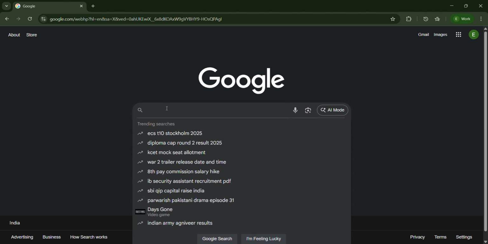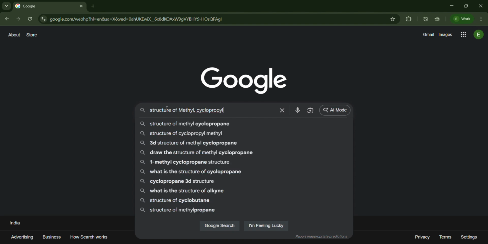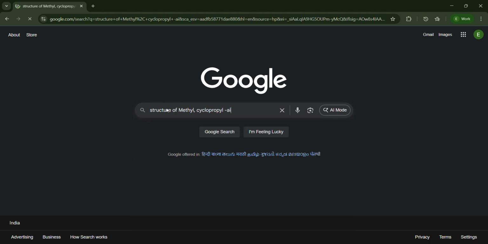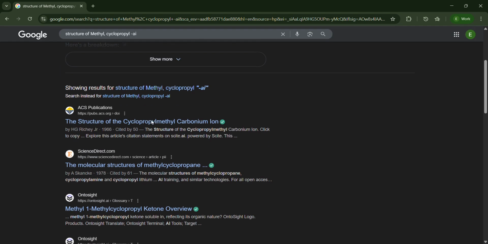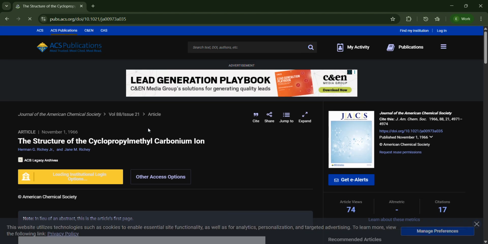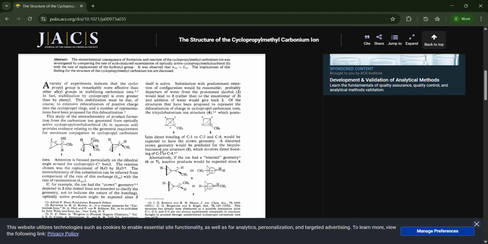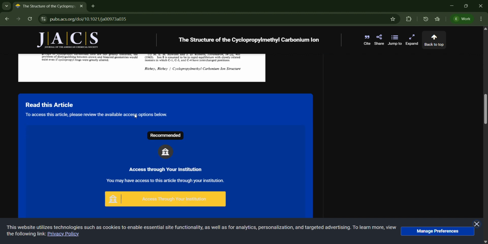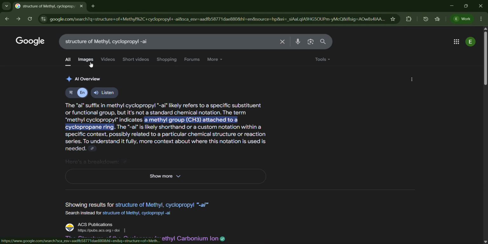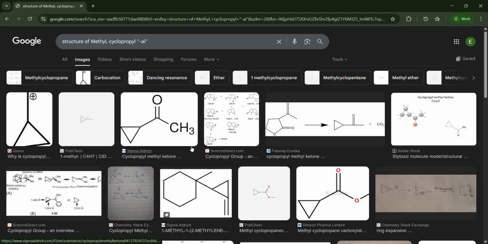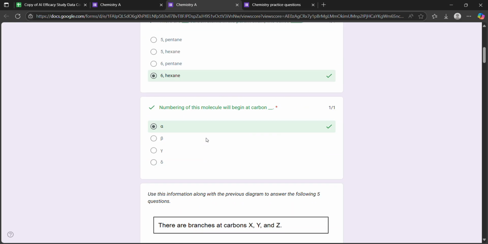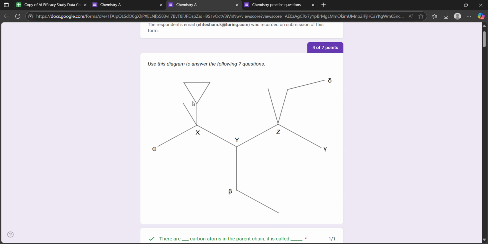So let's try to find out what is the structure of methyl cyclopropyl. This is the ACS publication. Okay, so in the given structure at X, there is this triangle-like thing.